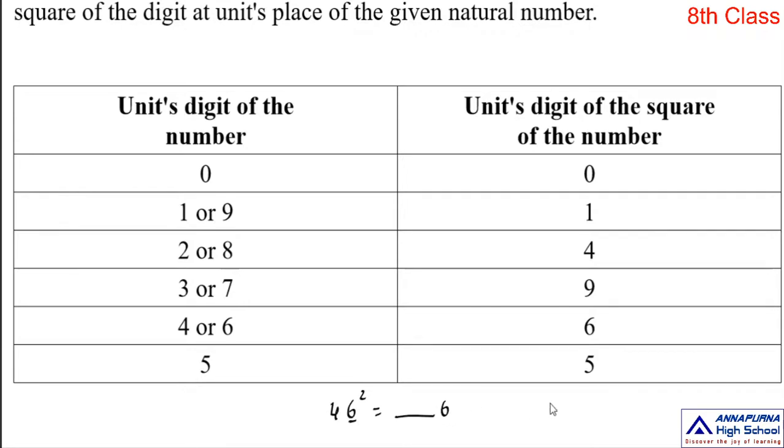In the same way, 91 squared ends with, no doubt, 1 squared, that is 1. In the same way, if you take another number, 125, its square ends with 5, no doubt. Is it clear? So if the units digit of a number is 2, then its square ends with 4.